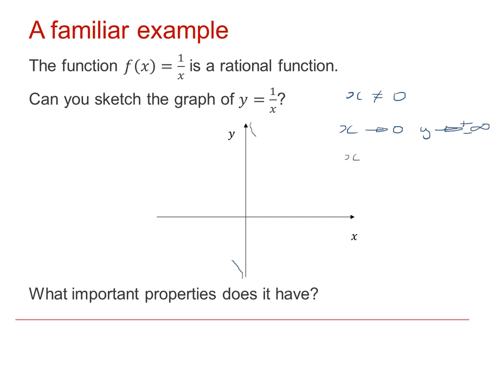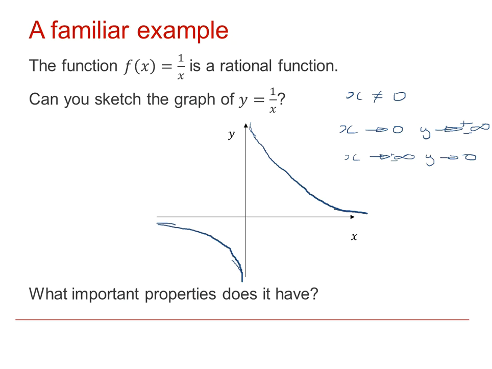As x gets larger, either positive or negative, then y approaches 0. Now we will consider this sort of idea of how we sketch graphs in later videos. It's quite difficult for me to draw on this screen, but the graph looks something like that.